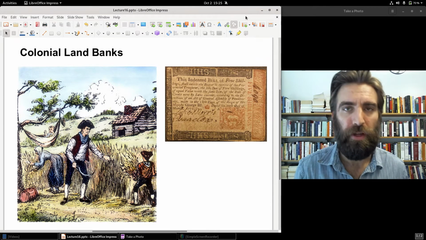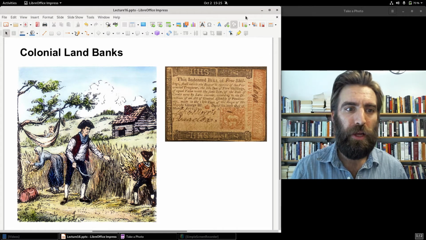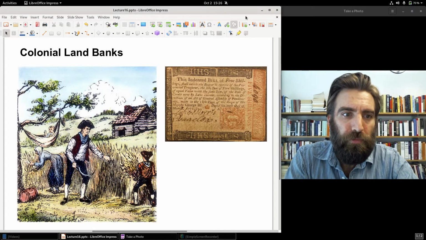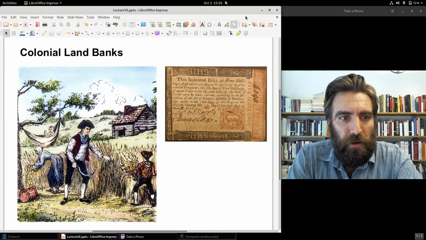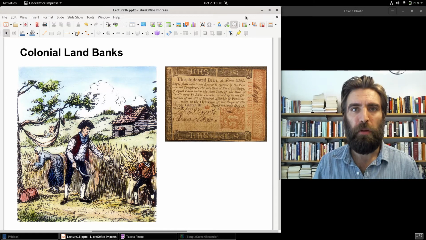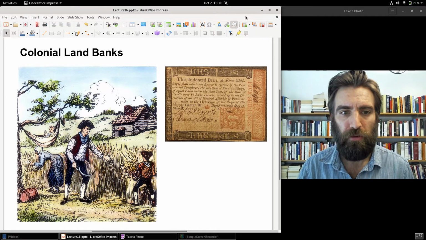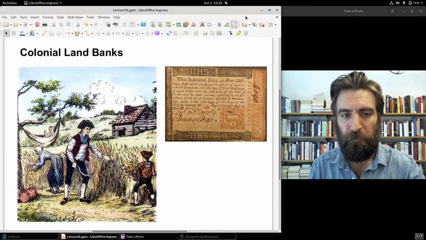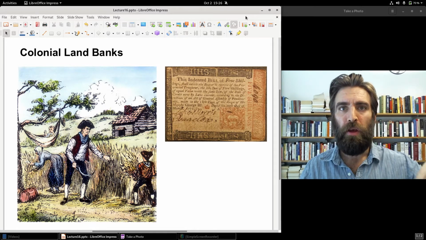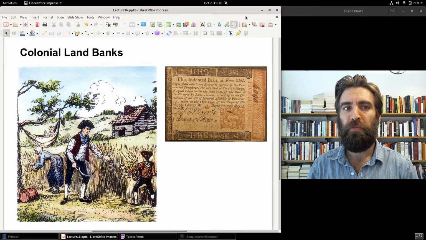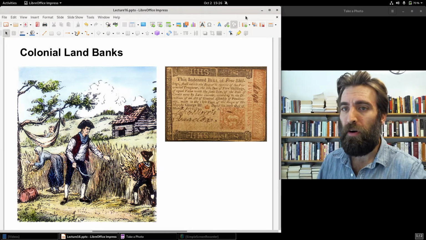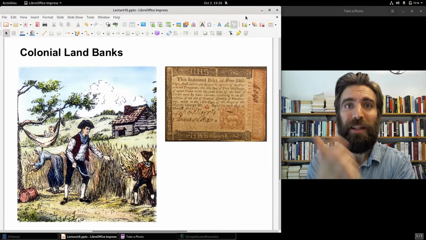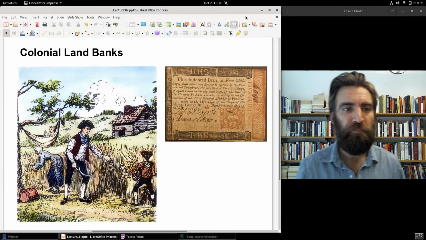There was lots of land, and even if you were a lower middle class colonist, you had the ability to own several acres or more of land. And so the idea came into people's minds, hey, maybe we could back a second form of paper currency by land instead of coin.